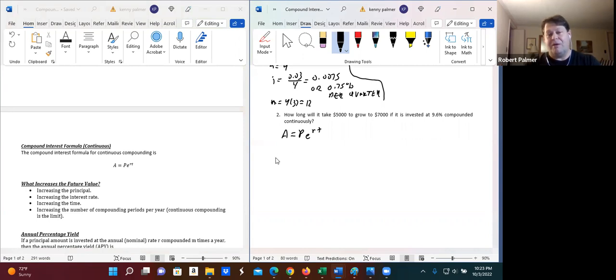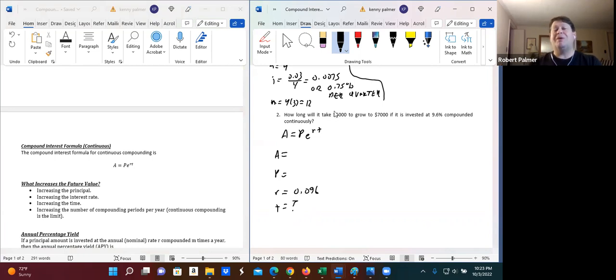Let's plug everything in. We have A, P, r, and t. Since it asks how long it will take, that's the time, our unknown. The rate is 9.6%, so as a decimal, that's 0.096. Once again, don't round off your rates.